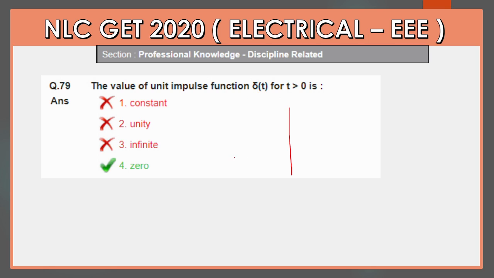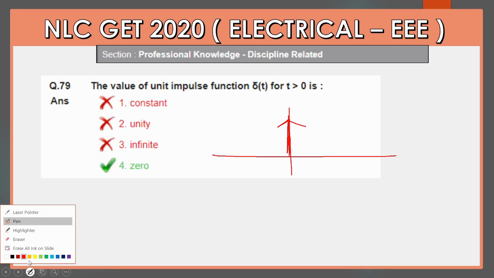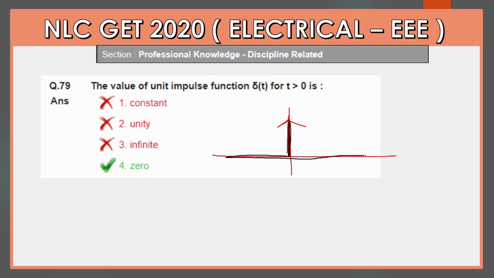We know what is the graph of delta t. This is the graph of delta t. Only at t equal to 0 it is 1, otherwise it is 0. So it is saying for t greater than 0, what is the value of delta t? 0. Answer will be 0.